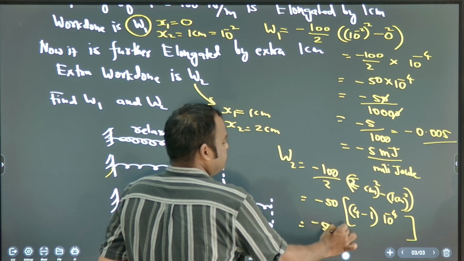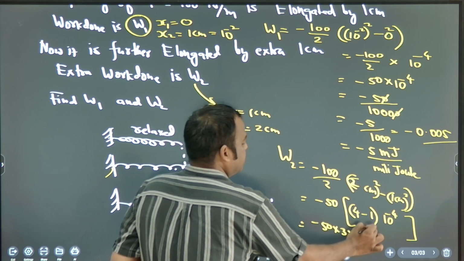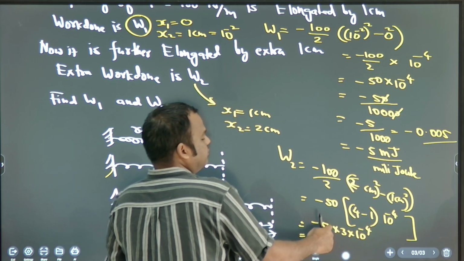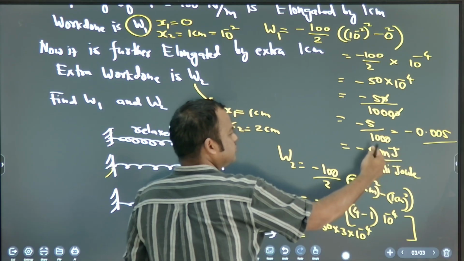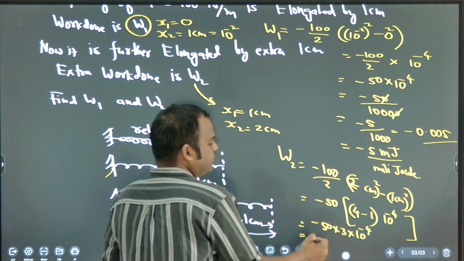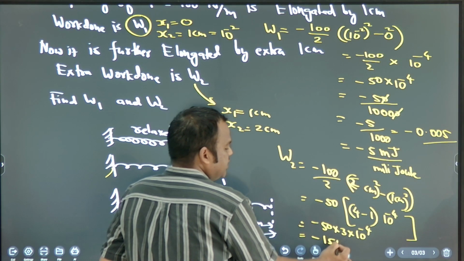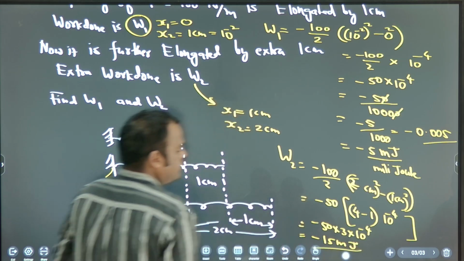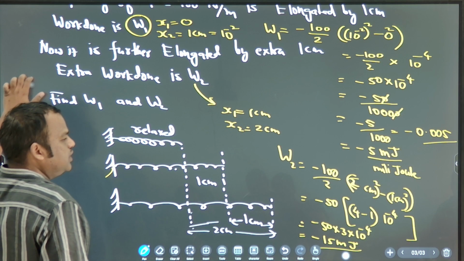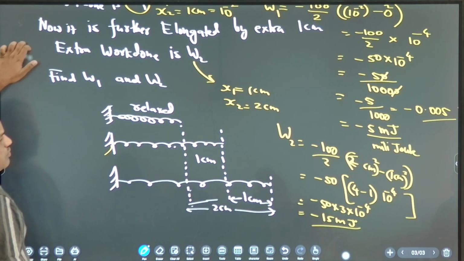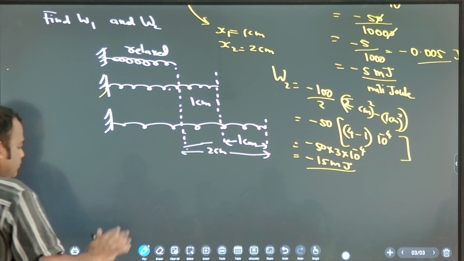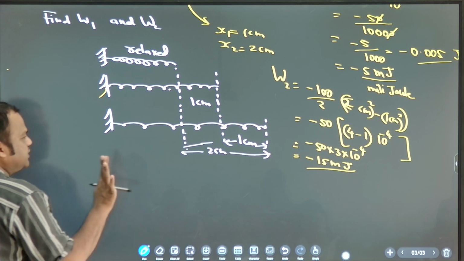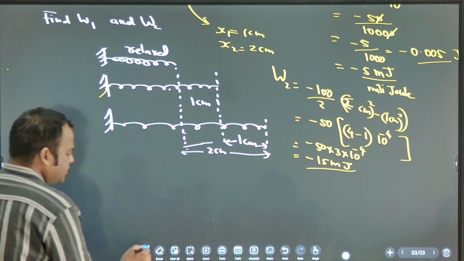So minus 50 into 3 into 10 raised to minus 4, and 50 into 10 raised to minus 4 is 5 millijoule. So this will be minus 15 millijoule. Okay, this is the work done. Spring work done, that's it. No need to think much.